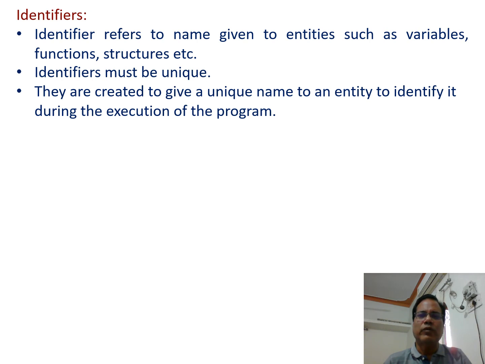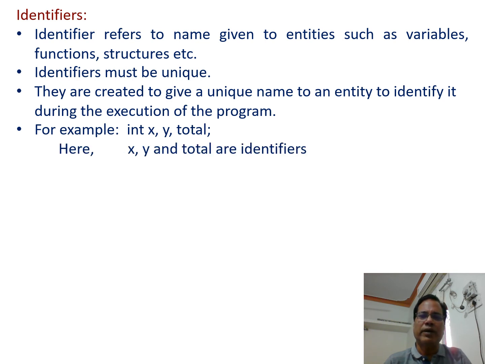They are created to give a unique name to an entity to identify it during the execution of the program. For example, int x, y, total; semicolon. So x, y, total are the identifiers. Here x, y and total are identifiers.